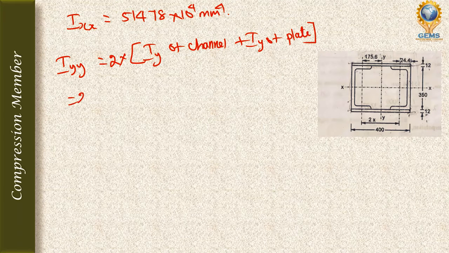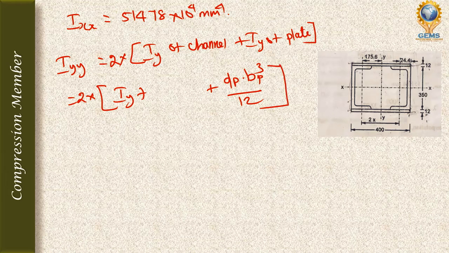So 2 into Iy of channel, plus what is the moment of inertia of the plate? That is dP into BP cube by 12. This is the Iy of plate in the y direction.